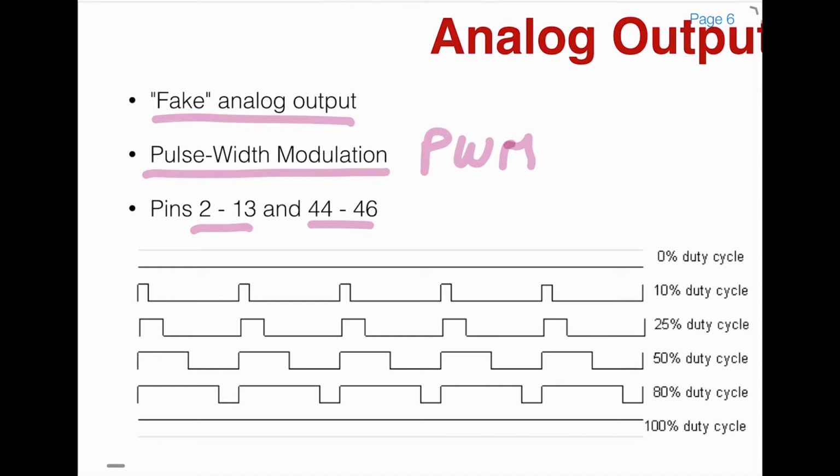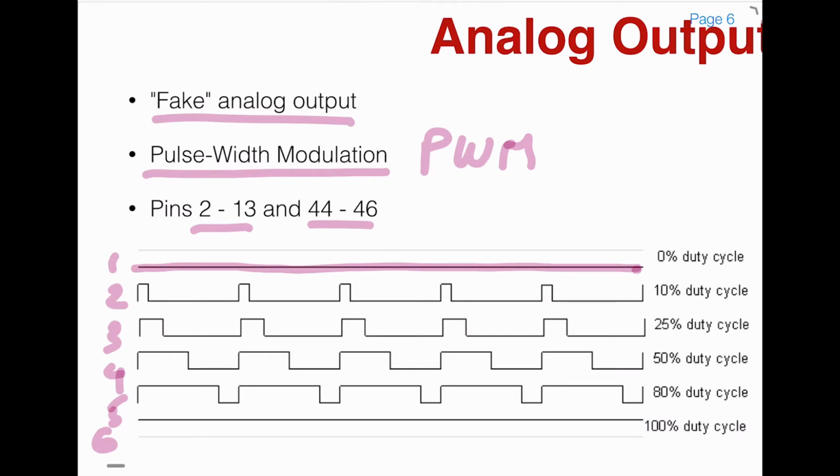So I have several examples here. These are 6 different examples. So we could output, so see this is a constant 0. If the output is zero all the time, that's called a 0% duty cycle. The waveform is on 0% of the time.